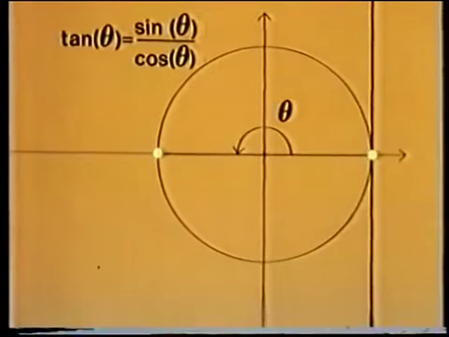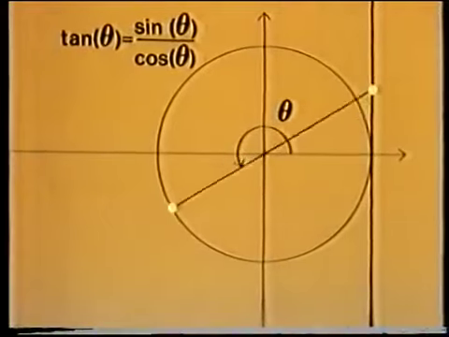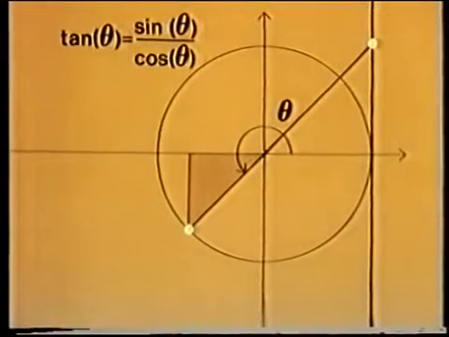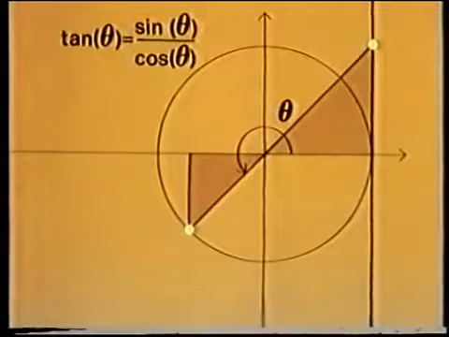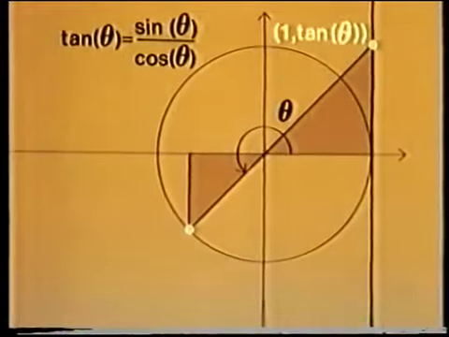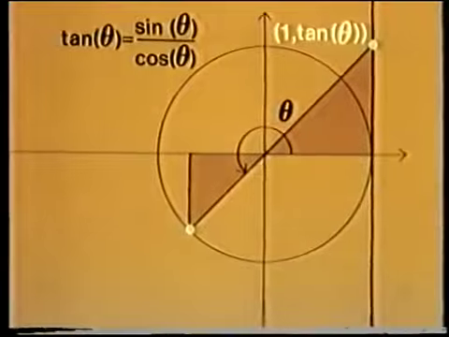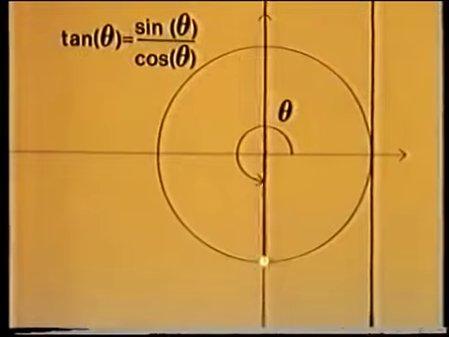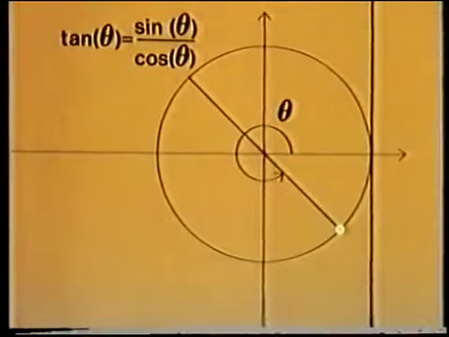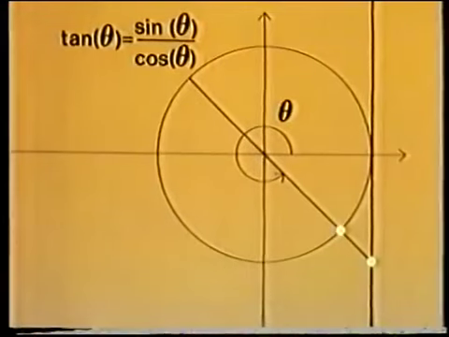When theta equals pi, tan theta equals 0. Now what happens for theta greater than pi? We dilate by 1 over cosine theta. Remember, cosine theta is negative in this quadrant. Once again, we get 1, tan theta as a point on the tangent. When theta is in the fourth quadrant, that's just like the first quadrant. We extend the radius directly to the tangent.